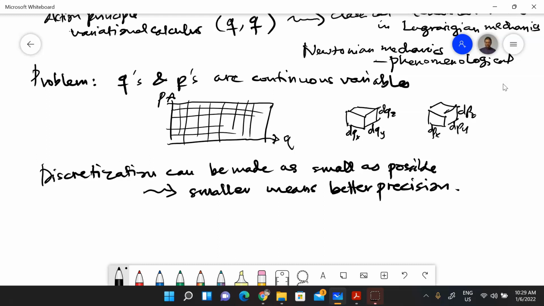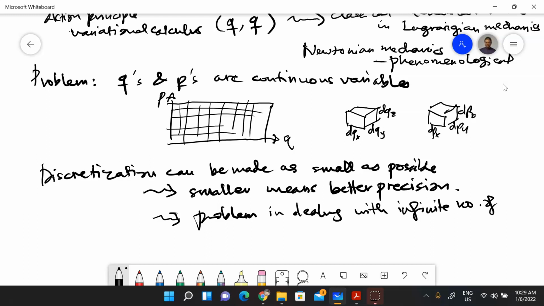But this would actually cause a problem. Once you have too many grids, you have a problem in dealing with an infinite number of grid boxes.